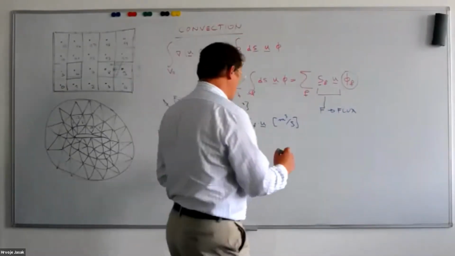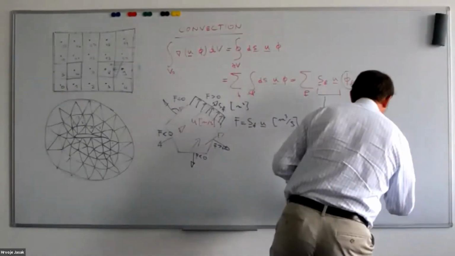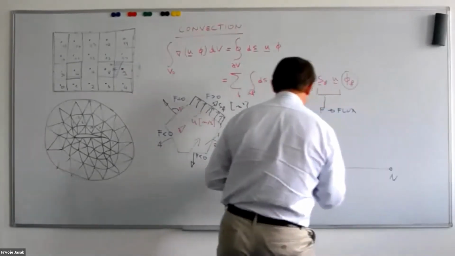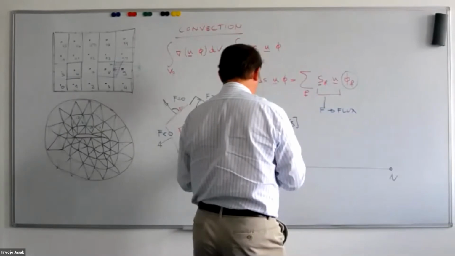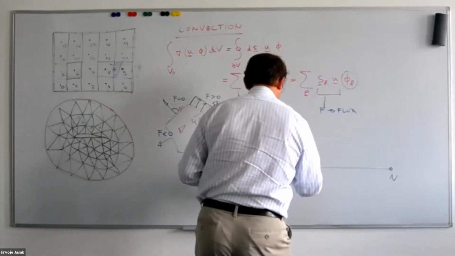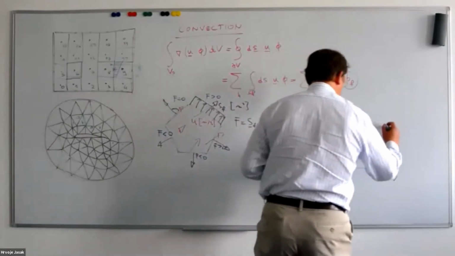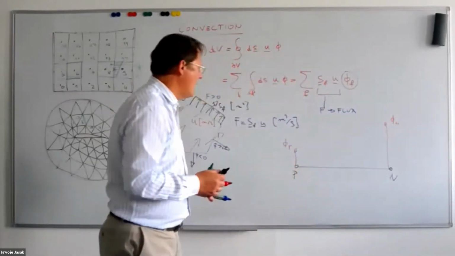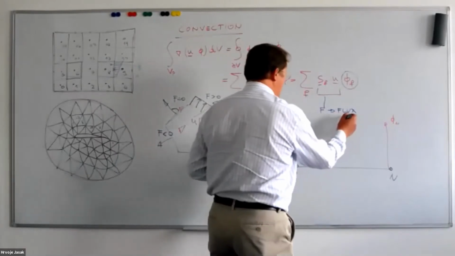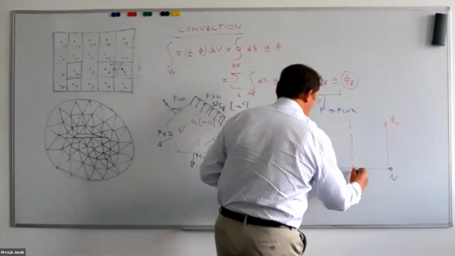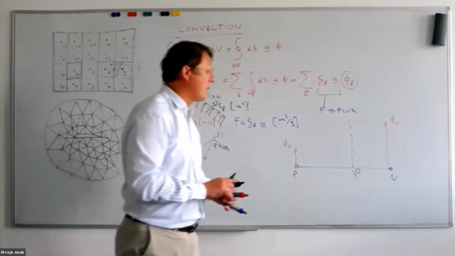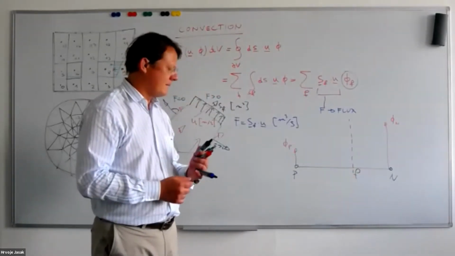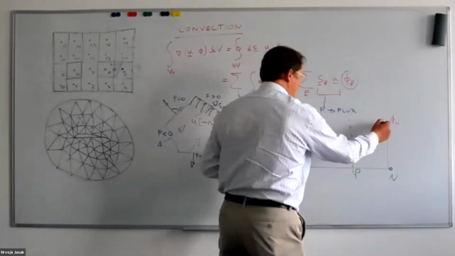in a 1D situation. So here is my line connecting P and N, where I have the values of phi P and phi N, left and right. And the question I need to answer is, what is the value of phi at an arbitrary location between P and N called the face center? That's easy.